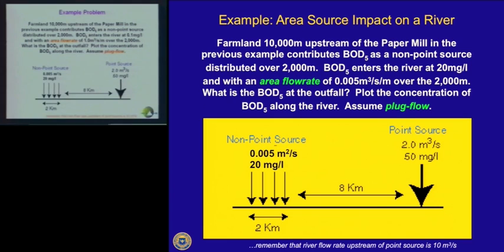Right? So what we do for distributed systems, we talk about flux, which is sort of a mass per time per unit length. Okay? So let's forget the point source downstream, because we just did that problem. We're looking at the distributed source upstream. What is the rate of mass coming in for the distributed case?